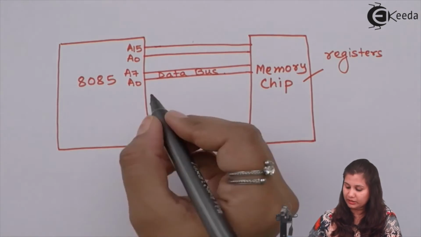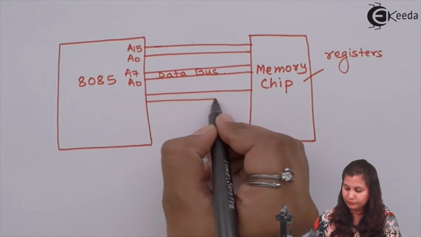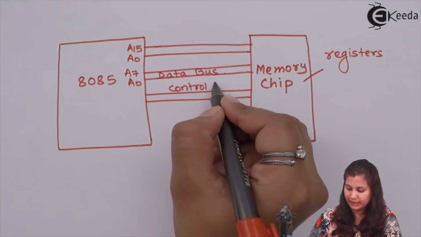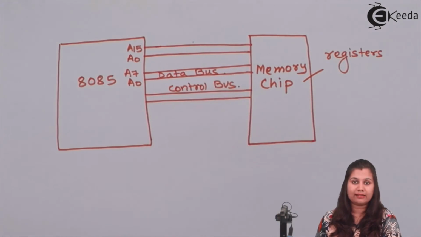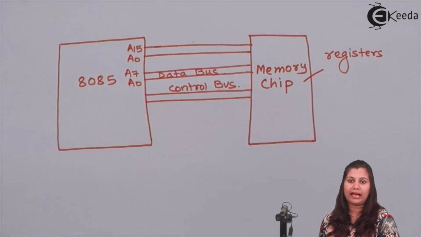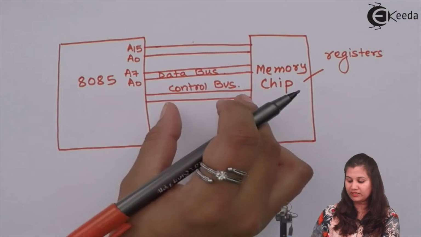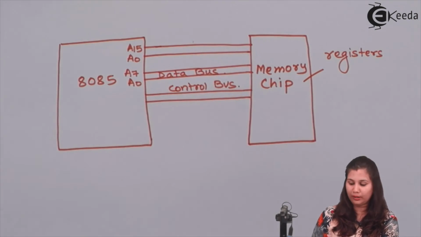Then we will need the control bus also, because the control bus will provide the timing and control signals. Signals like input/output, memory, and read, write are all control signals. Those control signals are provided by the control bus.